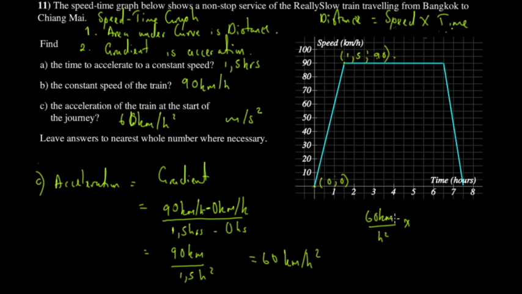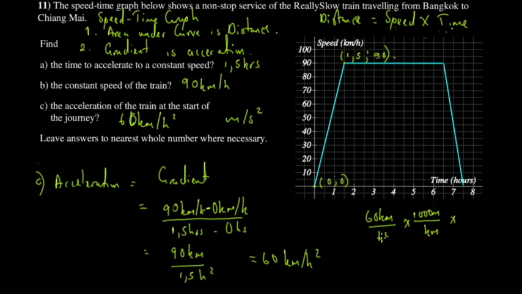To change from kilometers to meters, the conversion factor is 1000 meters per kilometer. They are simply the same, so this is essentially one, and it helps us cancel the kilometers.